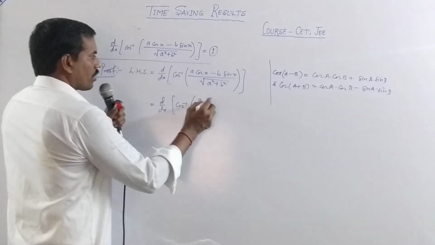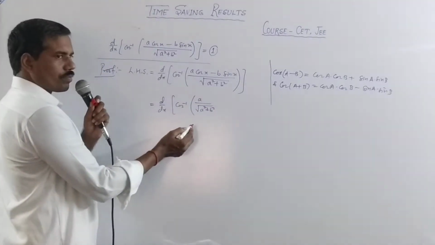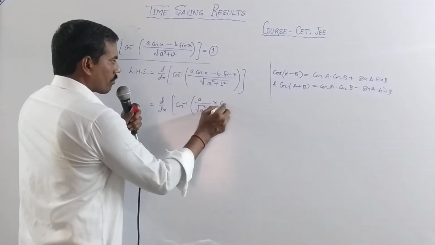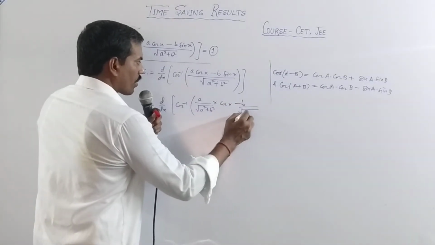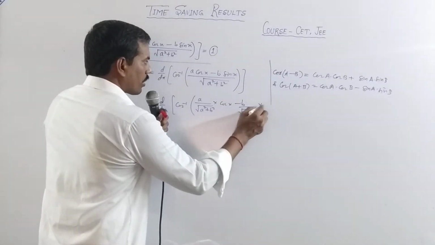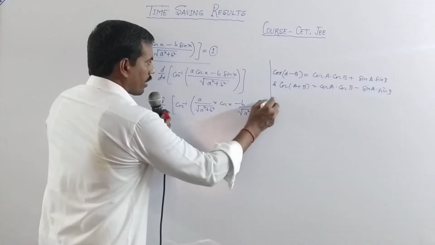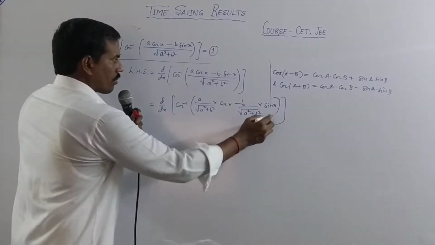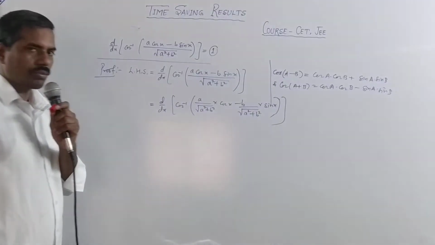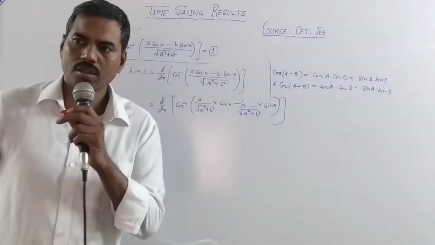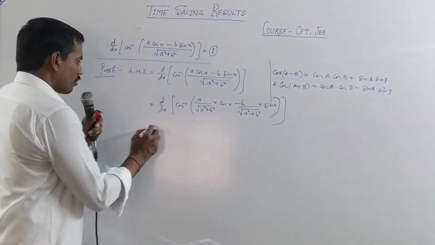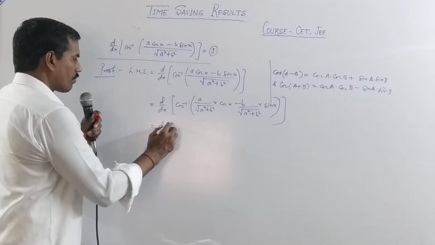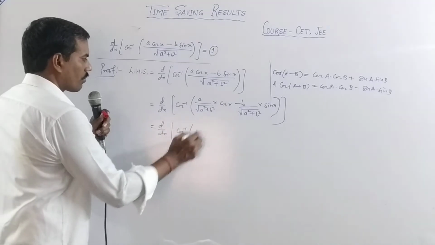We get a upon under root a square plus b square into cos x minus b upon under root of a square plus b square into sin x. Okay, students, any problem? So this is equal to d by dx of cos inverse of.